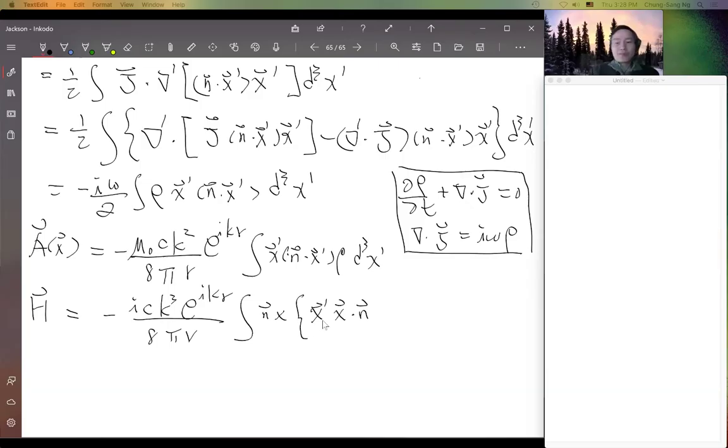So x_i times x_i dot n, which is just a dot product, but if we put it this way, it looks like you can interpret that as putting two vectors together and dotting into n, and putting two vectors together has the effect of making it a tensor, okay? And then multiply by rho, and integrating over all space.